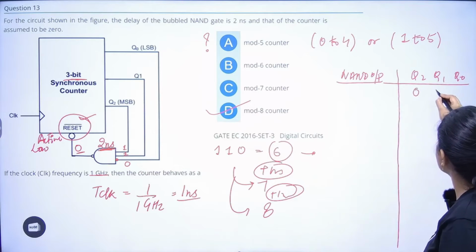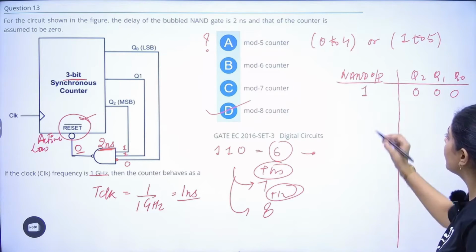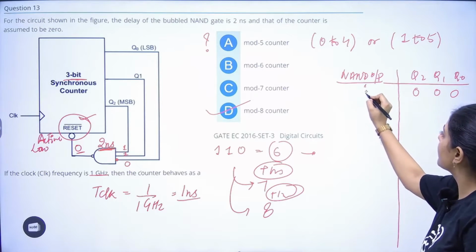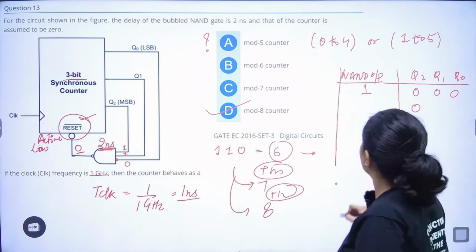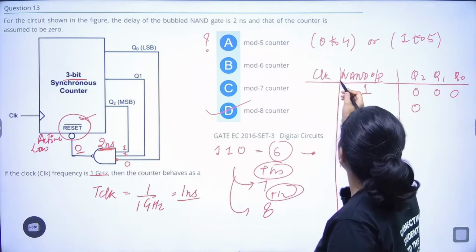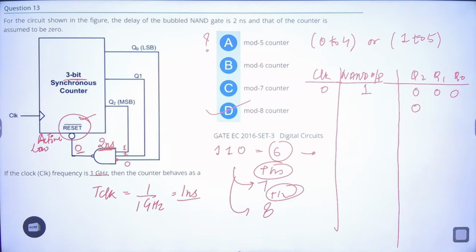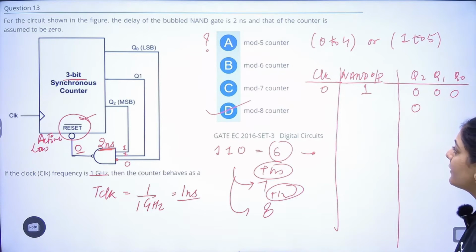So starting from 0, 0, 0, the value of NAND will be equal to 0. Since it is 0, 0, 0, the value of NAND will be equal to 0. It will count on the first clock. Its value will be 0, 0, 0, and the output of the NAND gate will be 0.